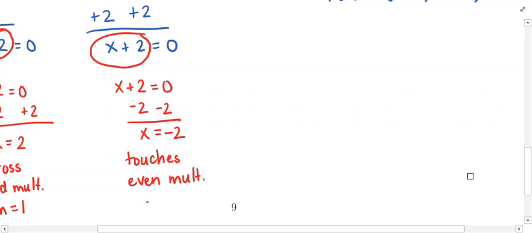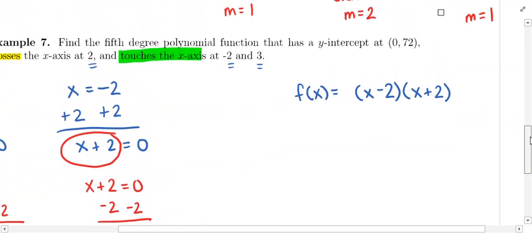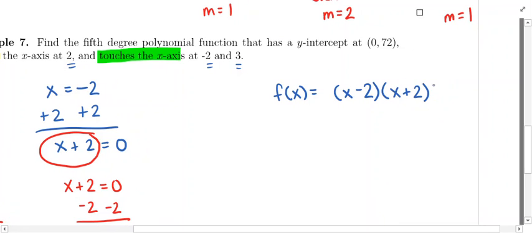We want to keep things as simple as possible, so the lowest even number we can use for our multiplicity is 2. That means this factor is going to have multiplicity of 2, so it's going to appear in the factorization 2 times. You can come back up here. It's up to you. You can put a square on it, or you can just put another x plus 2. But it's got to appear twice.